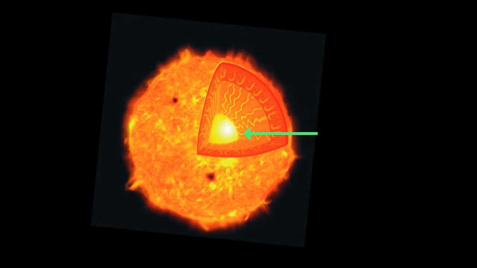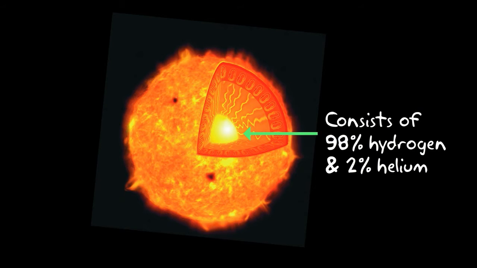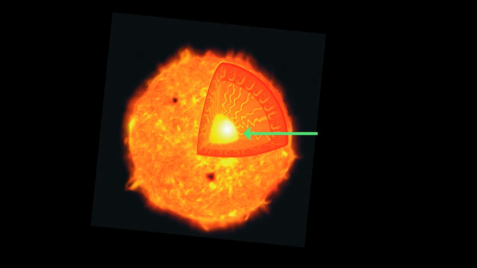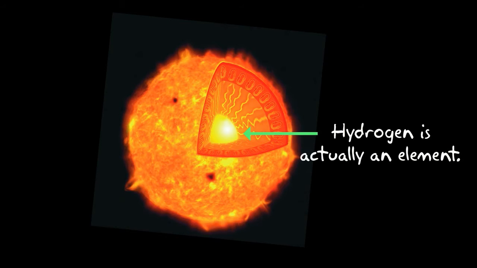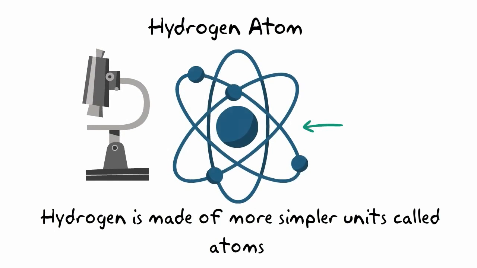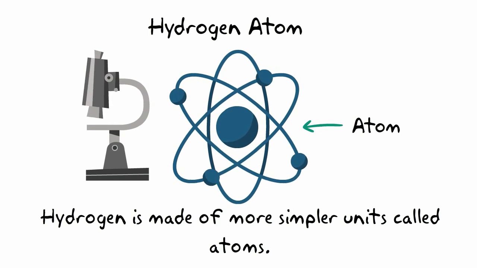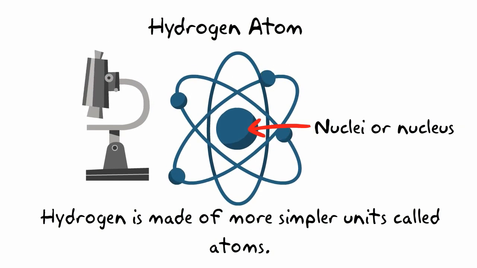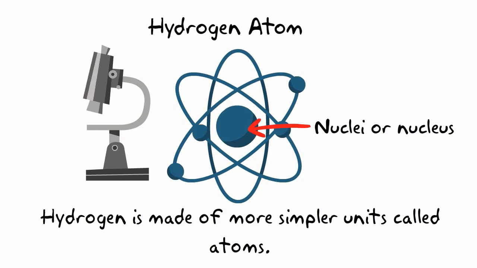The center of a baby star is called the core, and the core is fueled with 98% hydrogen and 2% helium. The hydrogen found in the star is actually an element. This hydrogen is made of simpler units called atoms, and the core of an atom is called the nuclei or nucleus.